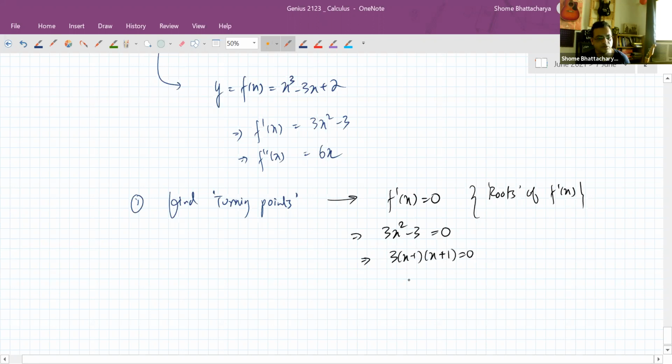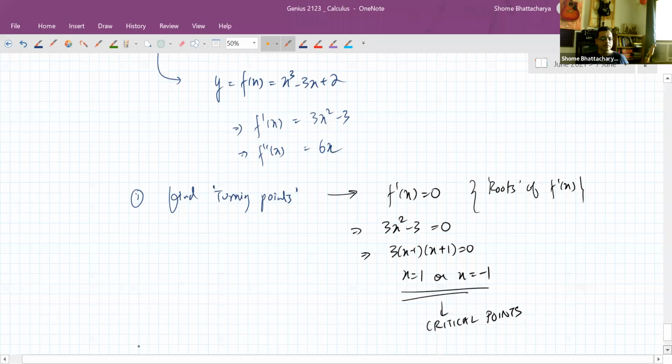The roots of this equation, x minus 1 into x plus 1, are x equal to 1 or x equal to minus 1. So these 2 points collectively are our critical points. We will say that the function f x has 2 turning points, x equal to minus 1 and x equal to plus 1.